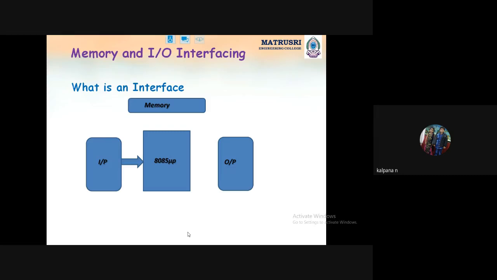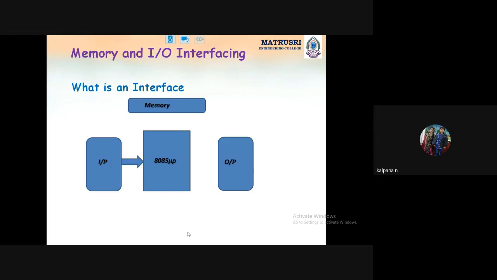Through the input, we are giving some functions, some operations, and all those operations are performed in the processor.